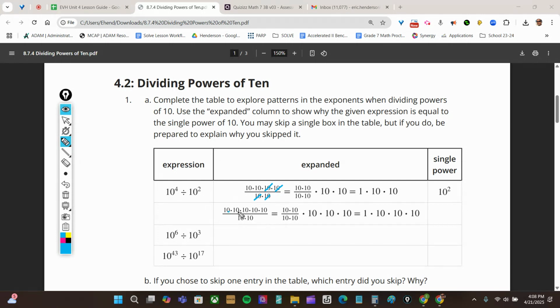Okay, so we've got 10 to the 5 divided by 10 to the 2. That's going to be 10 to the 3.